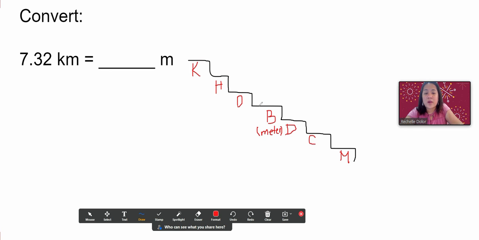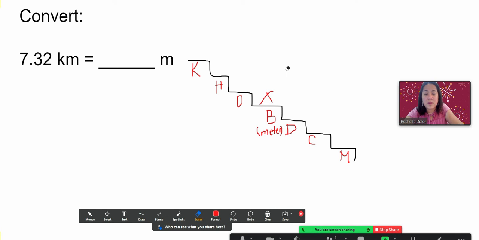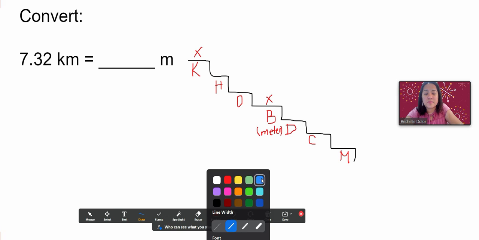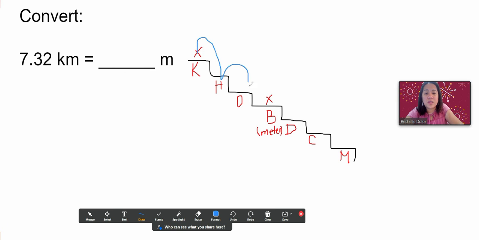So we have here M, and we are stopping at, oh sorry, we're not gonna do that. So we are kilometers, right? We're doing kilometers, and we need to move to meters. So we move, how many is that? 1, 2, 3 times to the right.